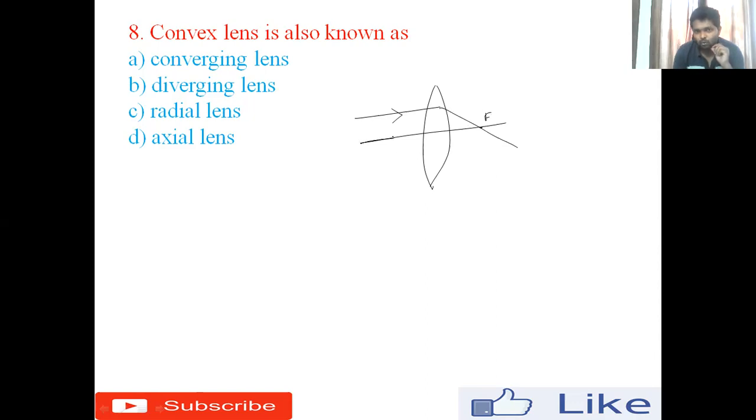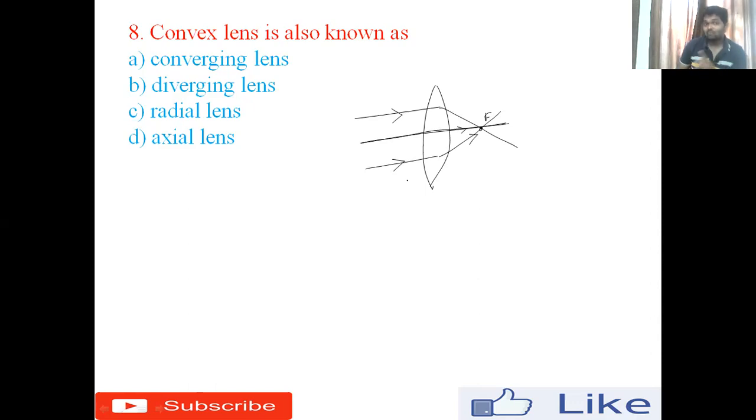We can try one more light ray which is passing via the principal axis. Whenever the light ray passes via the principal axis, it will go undeviated. Next, we'll take one more light ray coming parallel to the principal axis. After refraction, it is going via the focus. So what is happening after refraction? All the light rays are gathering here, meeting at one point.